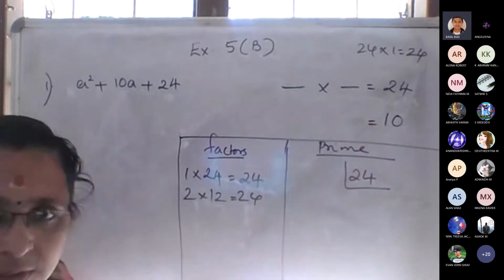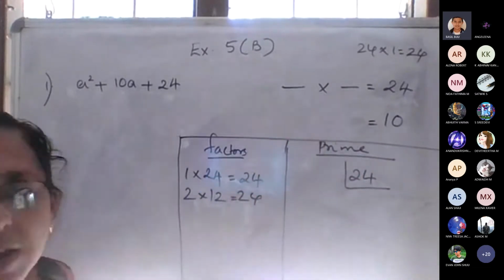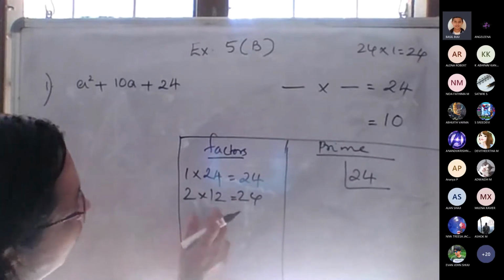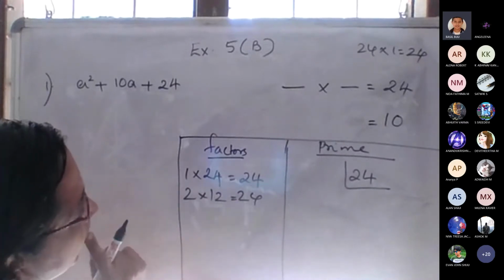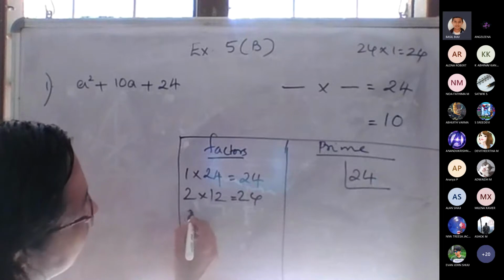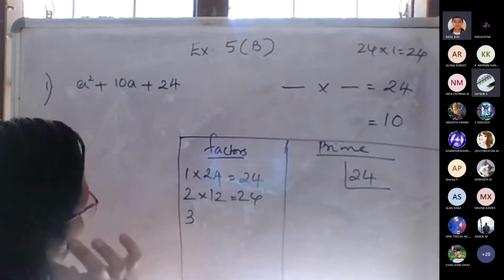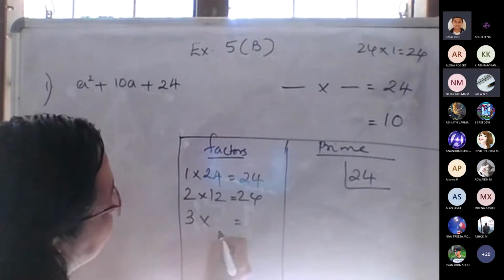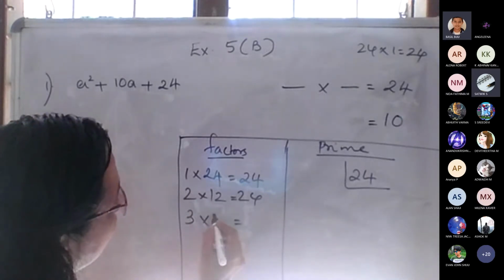So before doing the next step, don't waste time. Then next step, is it possible or not? Check it. Ma'am, 6 and 4. Is 3 possible? 3 into 7 is 24?